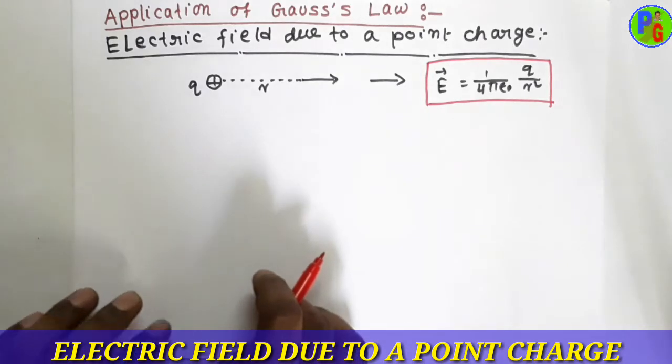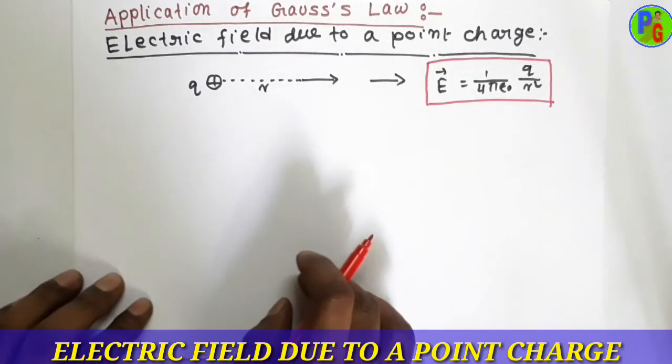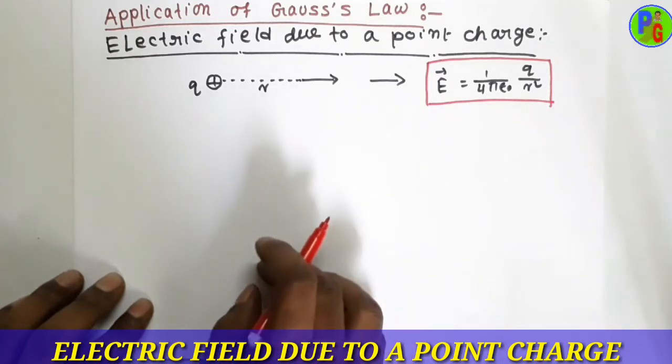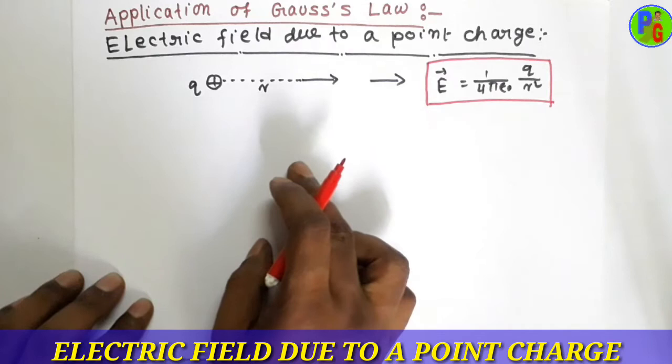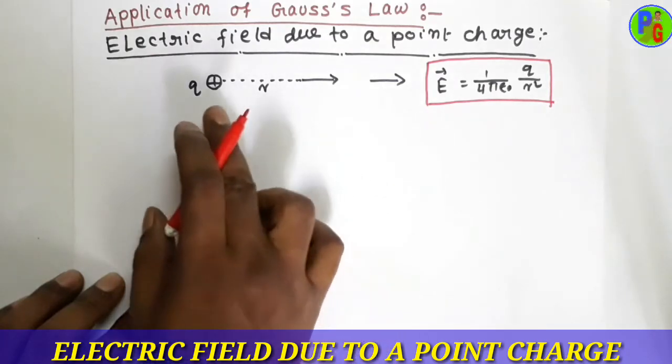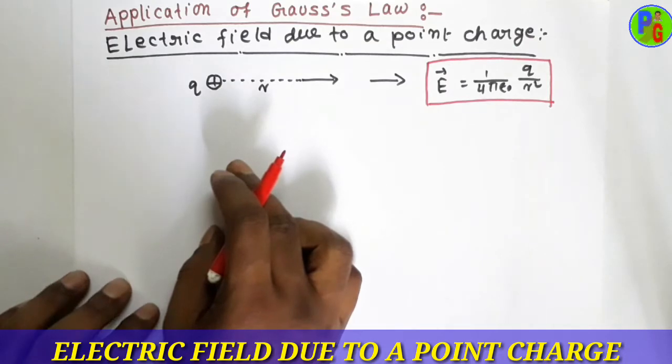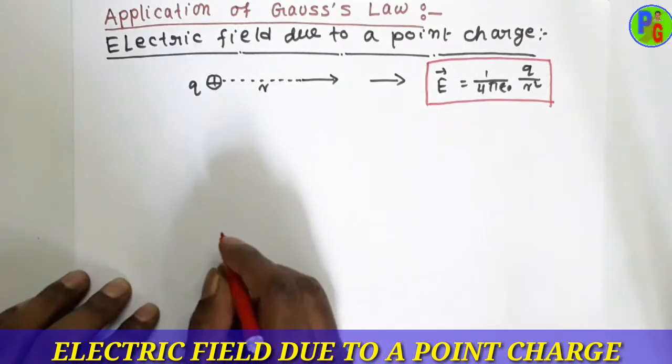Please watch this video very carefully up to the end. Then you will easily understand how to apply Gauss's law to find the electric field due to a point charge or a line charge or a planar charge. That is three types of charge distribution.